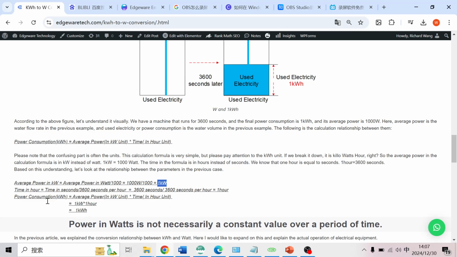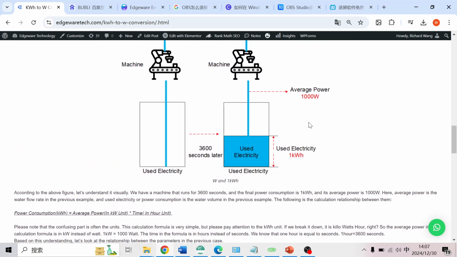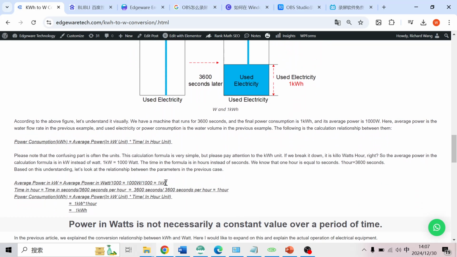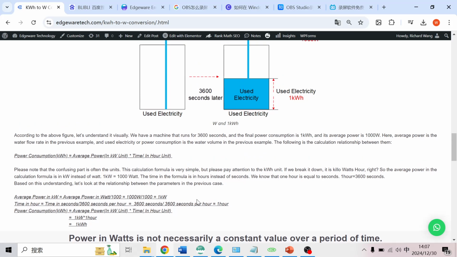So we have 1 kilowatt multiplied by 1 hour equals 1 kilowatt hour. What if this machine is 2,000 watts? Then you have 2 kilowatts, and if a 2 kilowatt device runs for 1 hour, that is 2 kilowatt hours.